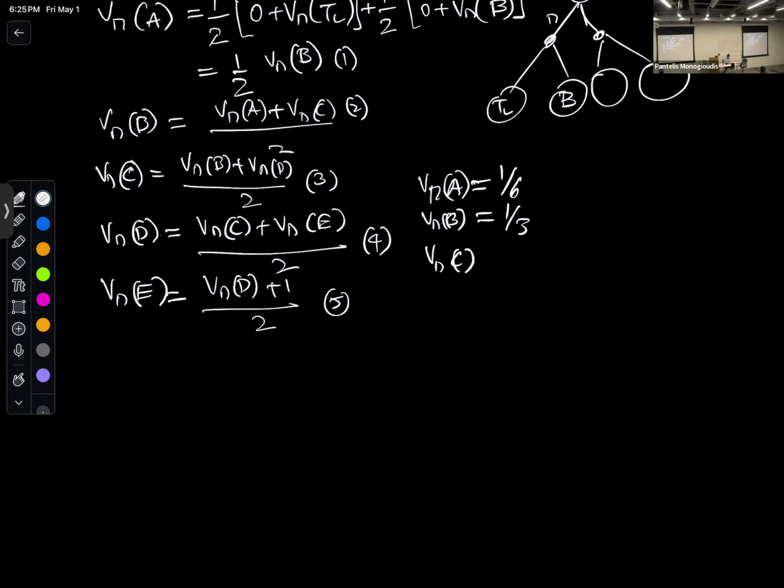V pi of C, you tell me if you agree, is 3 times V pi of A, which is 1/2. V pi of D is equal to 2/3, and V pi of E is 5/6.